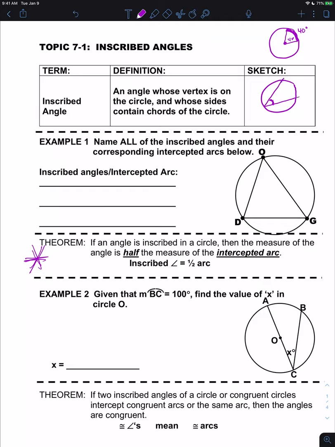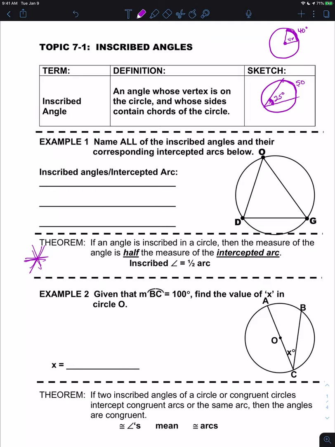So if we say this arc angle is 50 degrees, then this angle inside that goes all the way across, notice it's not coming from the center, is 1/2 of that arc angle, so that one is 25 degrees. That's pretty easy to compute when you are working here.